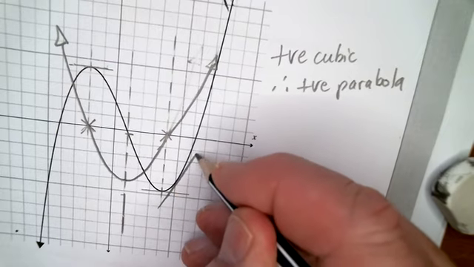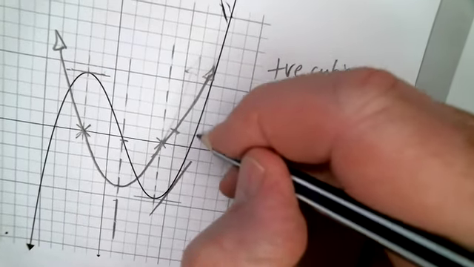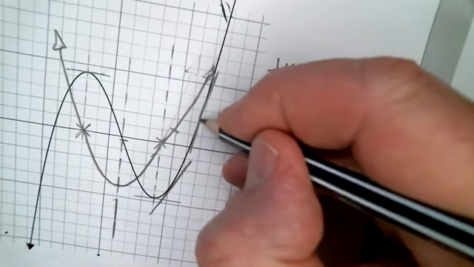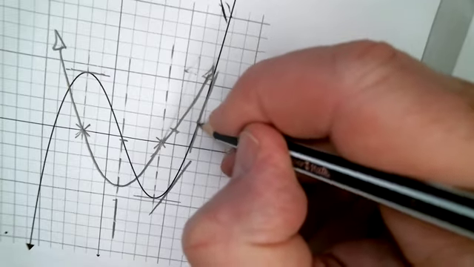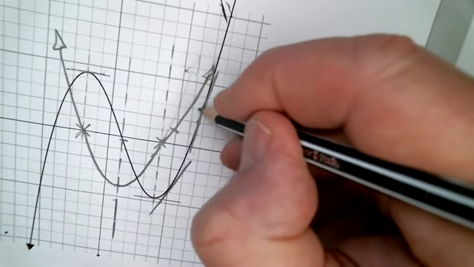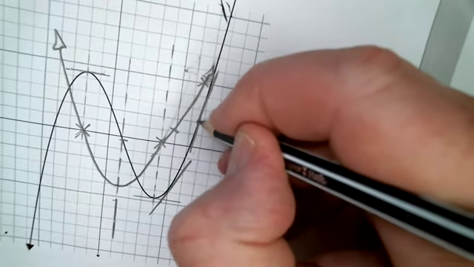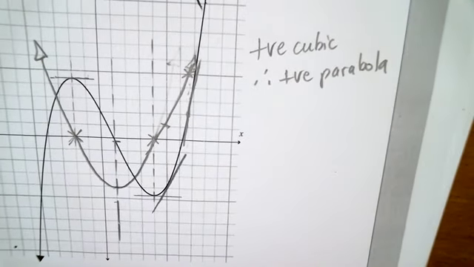The gradient is about a 1. So here the gradient has to be about a 1. What's the gradient here? The gradient here is about, let's say, a 5 or 6. So at this point here, it's got to be like a 5 or 6. 1, 2, 3, 4, 5. It's got to be about there, yeah? So that point there has to line up about there. So you do want to make it look roughly like that.